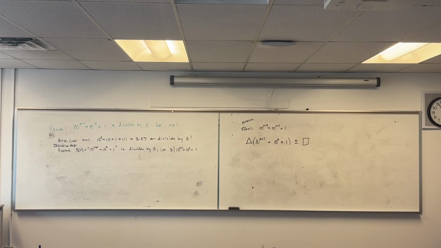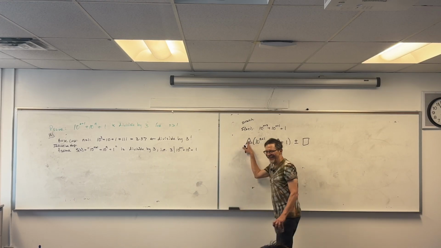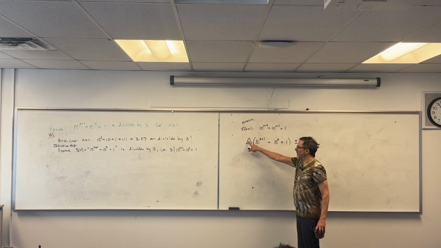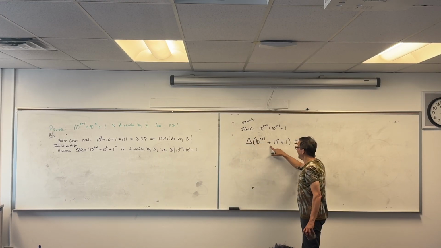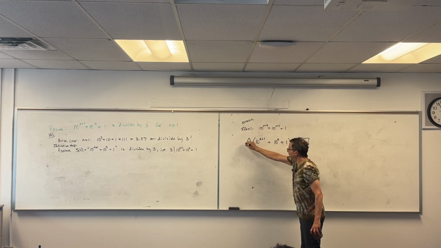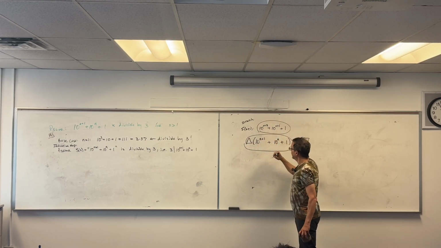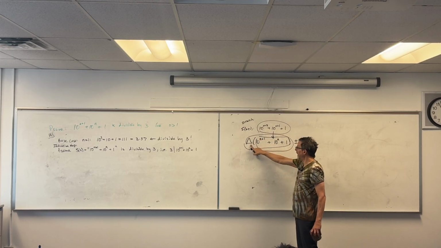Factor something. Put something here. Here's another tip. Put a number here that makes this whole thing turn into some multiple of this. I want that to become that, but what do you have to multiply by?